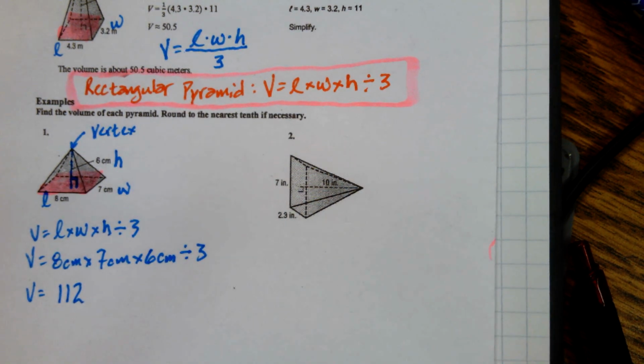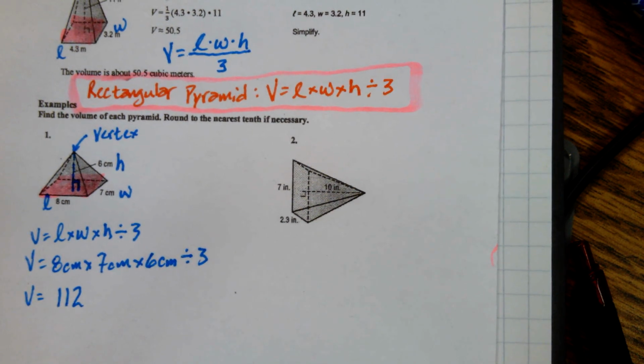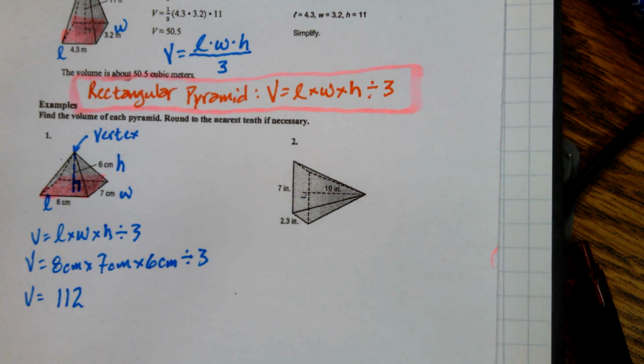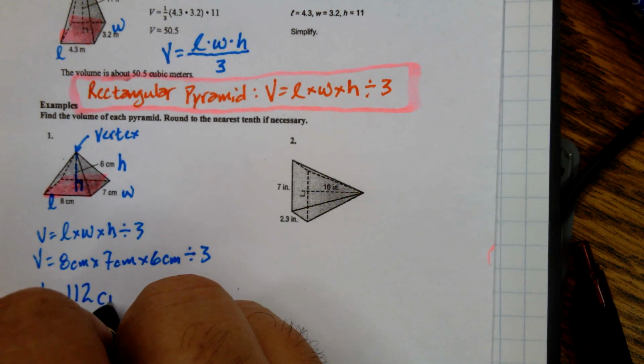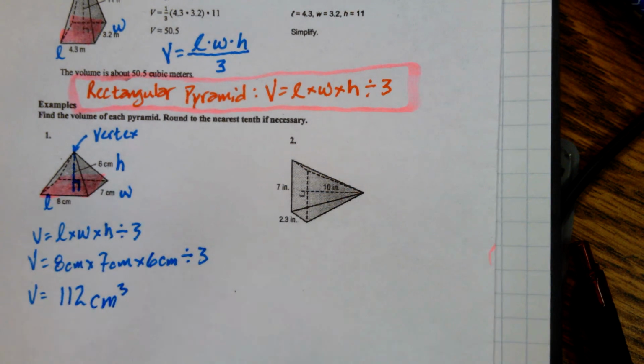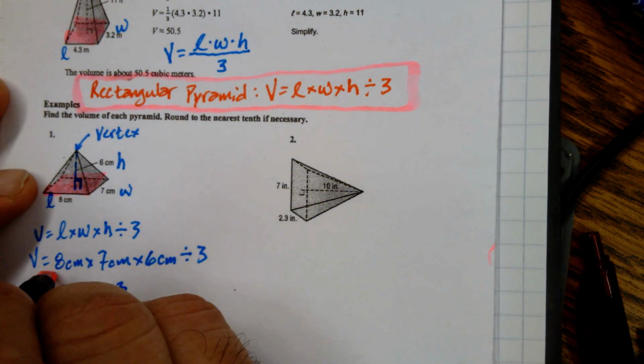Remember we talked about that Friday? Cubed. If it's perimeter, those are linear, just centimeters, inches, whatever we're measuring in. If it's area, it's in square units, square inches, square miles, square centimeters. But volume is in cubic centimeters, cubic units. So there's our answer, 112 cubic centimeters.